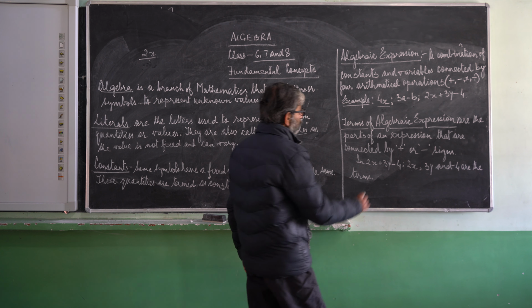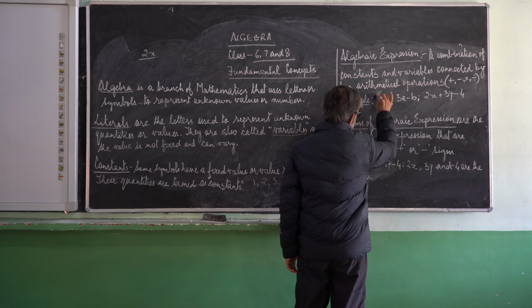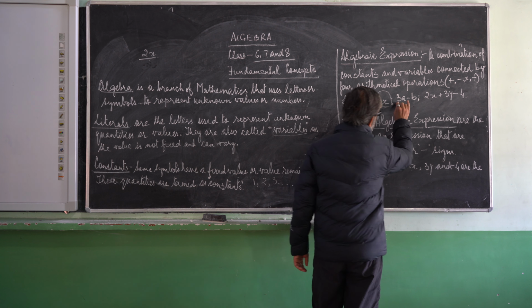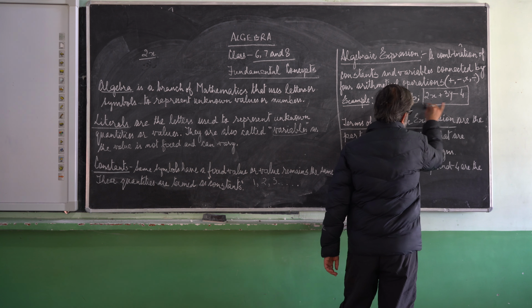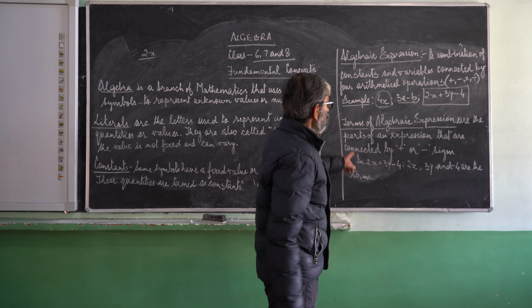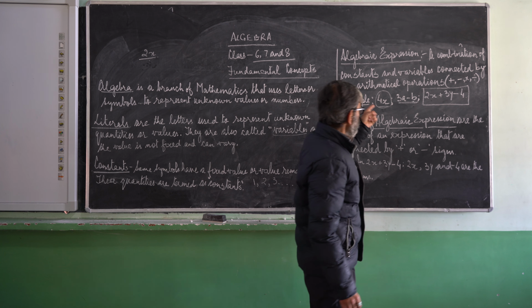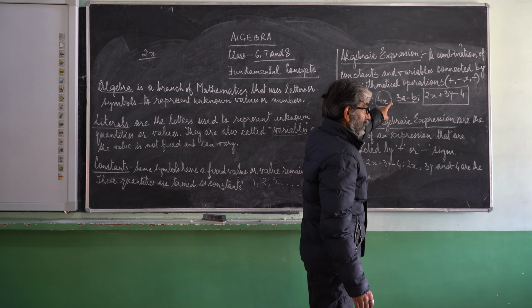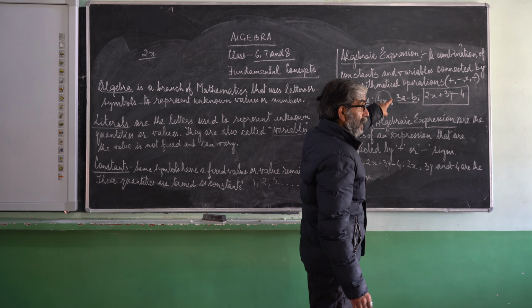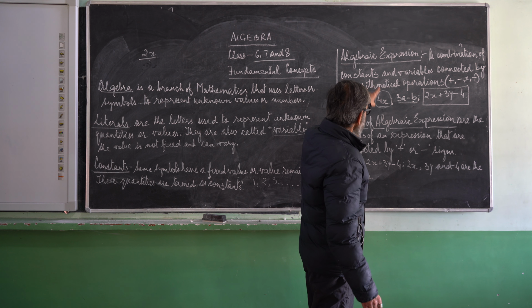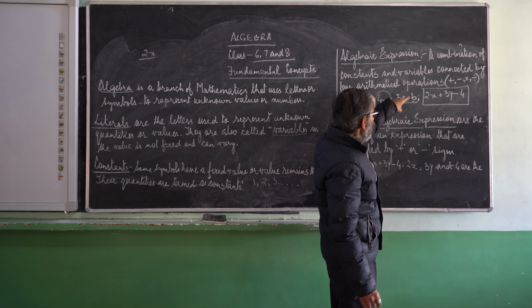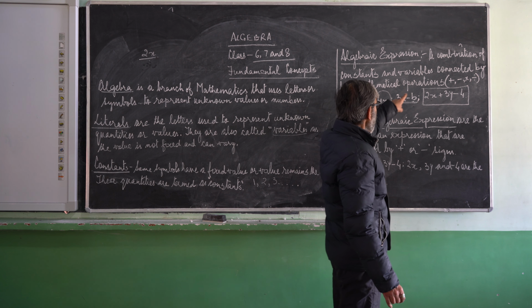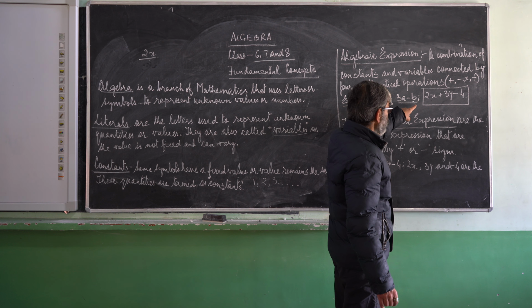If you see in all 3 examples, there are certain parts. 4x, that means 4 multiplied by x. 4 is connected to x by multiplication sign. 3a minus b. 3a and b are connected by minus sign.